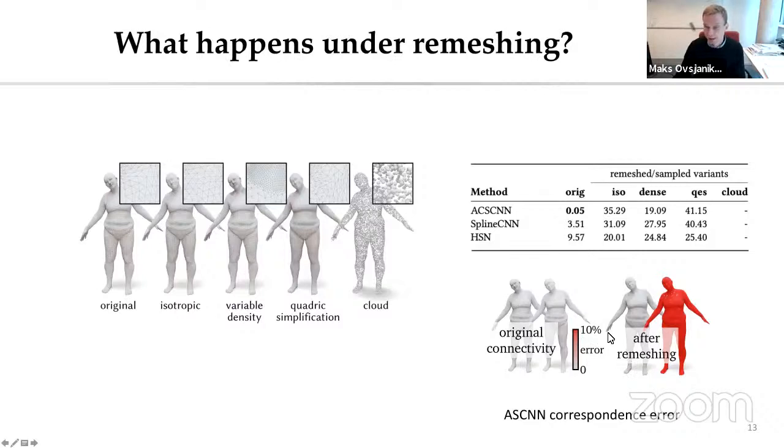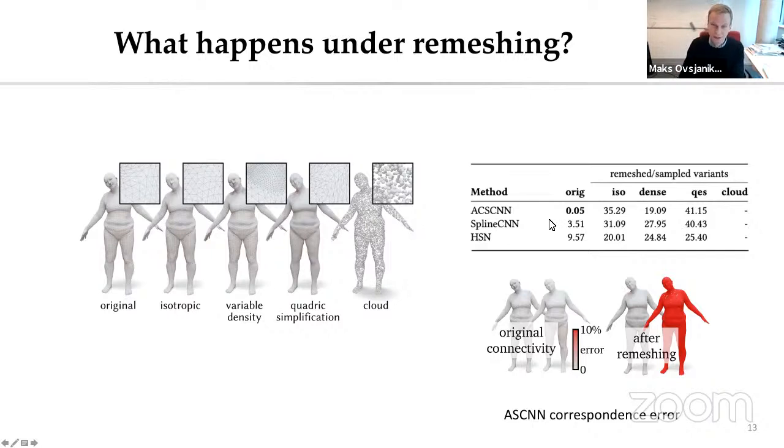What this says is that perhaps we didn't actually learn something about the geometry of the shape, but instead learned something about the mesh connectivity, or maybe we even overfitted to the vertex IDs because they're ordered in a particular way in the data set. This is true not only for ASCNN but for many existing techniques in this field: they can show good results on a particular data set where you have a clean manifold mesh, but as soon as you start remeshing, you get very significant errors.